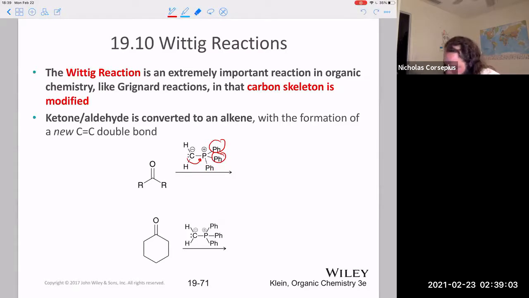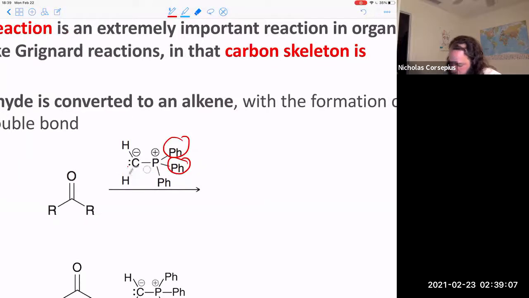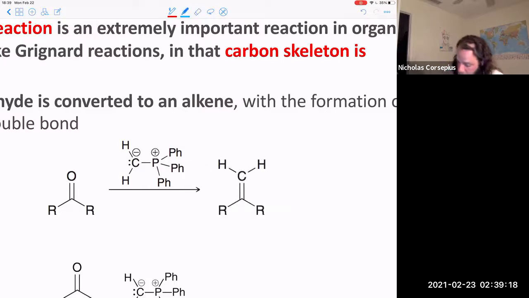Let's just take note about what happens to our aldehyde or ketone when we react it with this compound here. Let me get rid of some of my markings. We have the formation of this compound here. Notice that we've completely replaced our carbonyl oxygen, and in particular, we've replaced it with the carbon half of our Wittig reagent, our ylide.